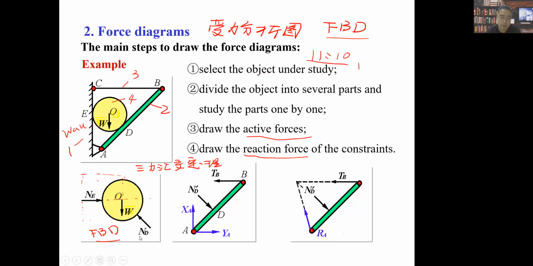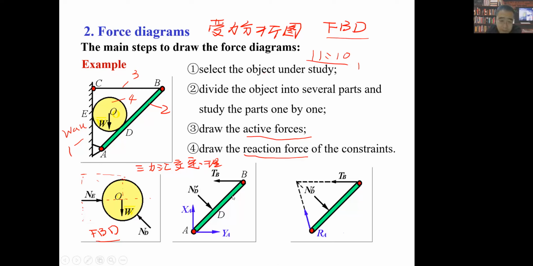So when we draw a force diagram like this, if we know ND equals 100 newtons, then we immediately know that ND prime also equals 100 newtons. Why? Because ND and ND prime are a pair of action and reaction forces. They have the same magnitude, opposite direction, coexist, and act on different bodies. I talk about this all the time.